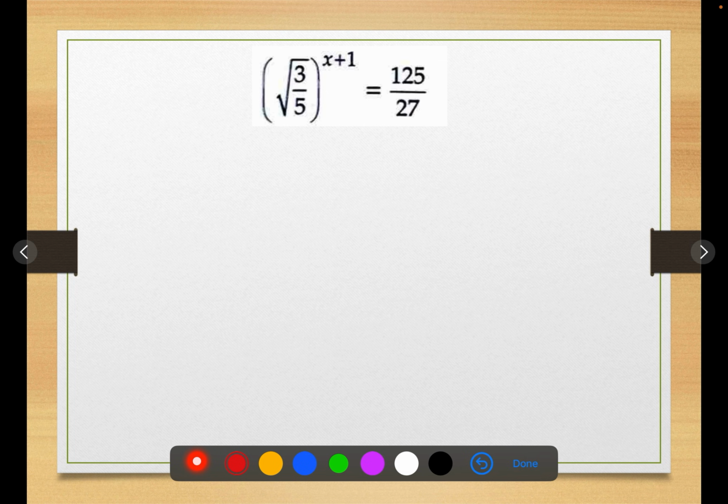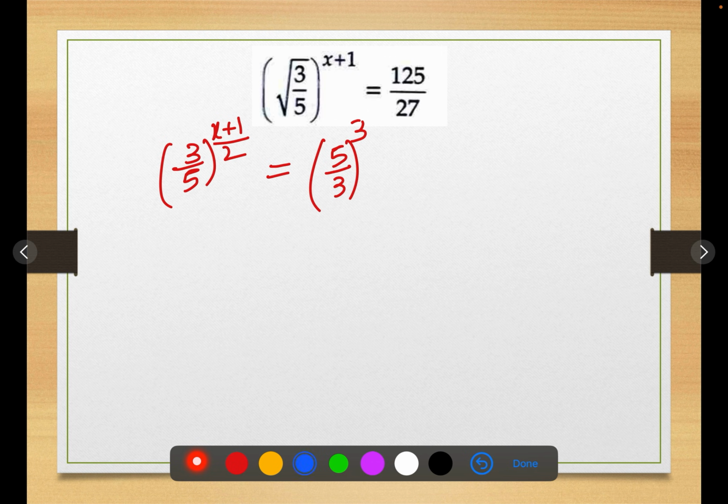Next question. Here, 3 to the power 5 is x plus 1 upon 2 since it is root, and 125 is 5 to the power 3, 27 is 3 to the power 3. So I can write, here the bases are 3 upon 5 and this is 5 upon 3.